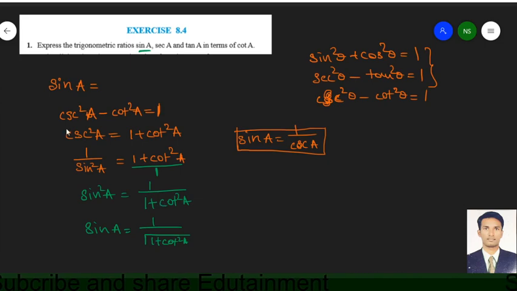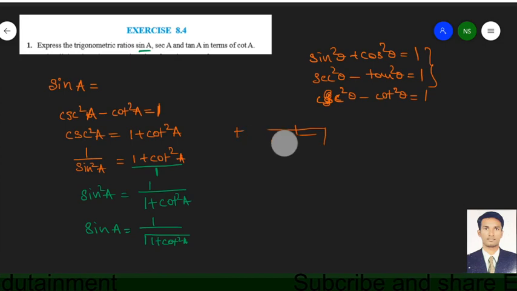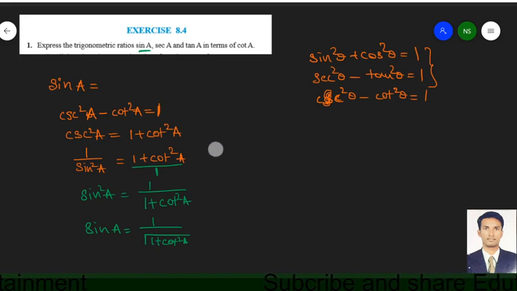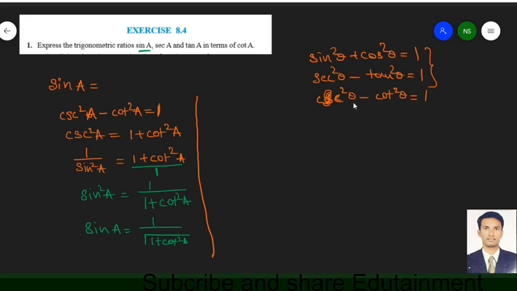Let's write secant A in terms of cot A. Okay, let me erase this one. Let me take again this one only, or else this one also we can select.